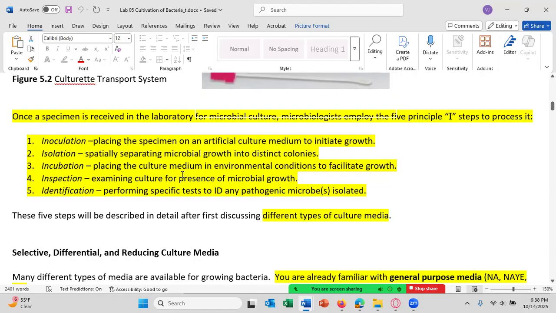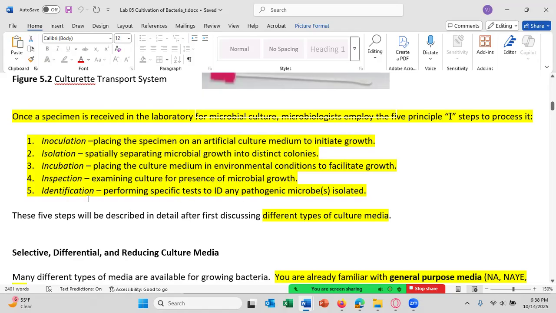We normally incubate our cells in an incubator. 4, and then after growth in the incubator, you then inspect the culture, examining it for presence of microbial growth. You can do some preliminary work on trying to identify it, but you really won't identify it until you perform specific tests to ID a pathogenic microbe that's been isolated.